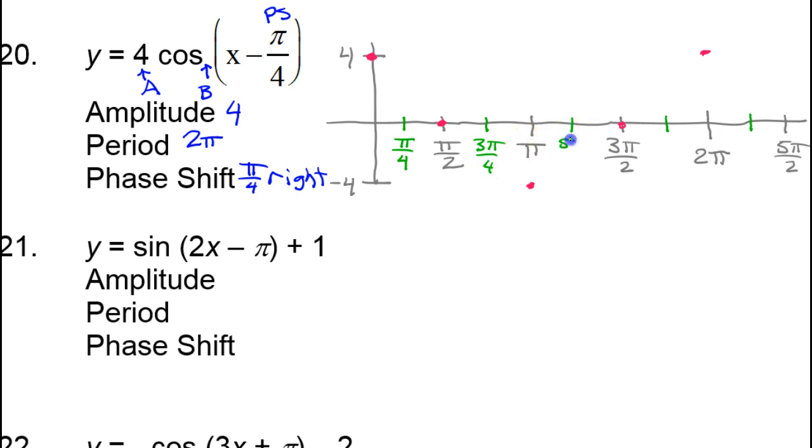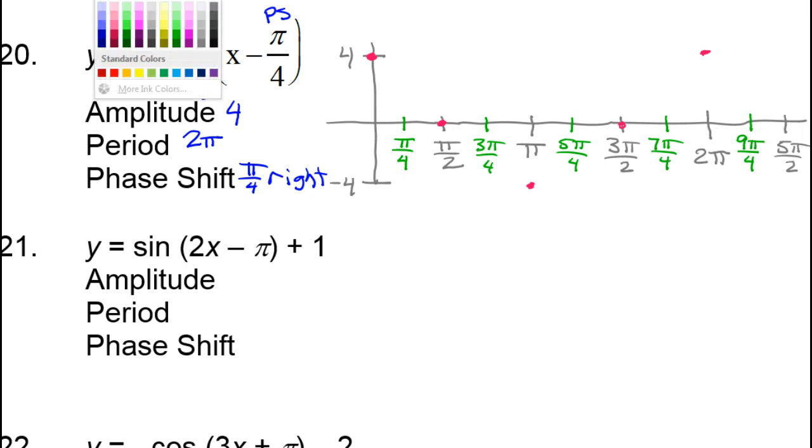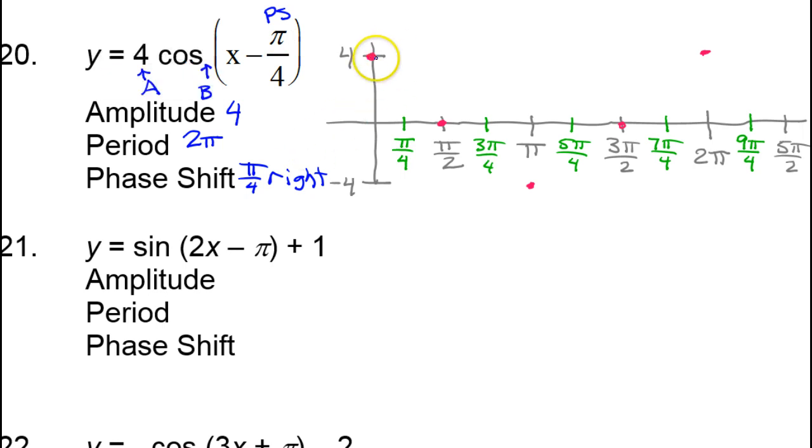This is 5 pi over 4. This is 6 pi over 4, which reduces. This is 7 pi over 4. This is 8 pi over 4, which reduces to this. And this would be 9 pi over 4. So it's important that you have accurate names for the places where your critical points will land after the shift.